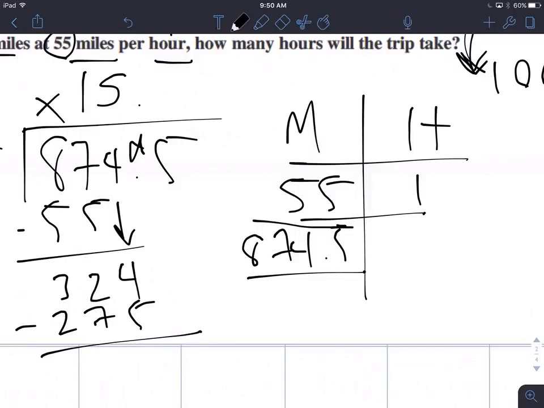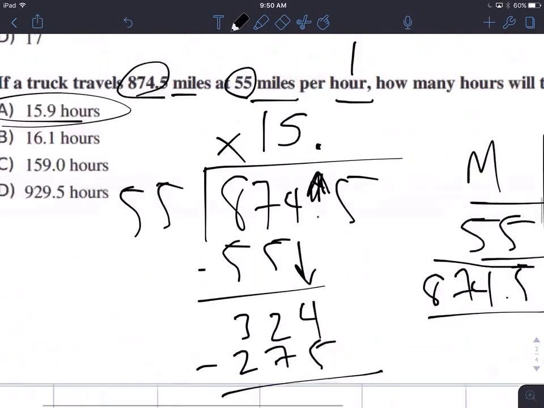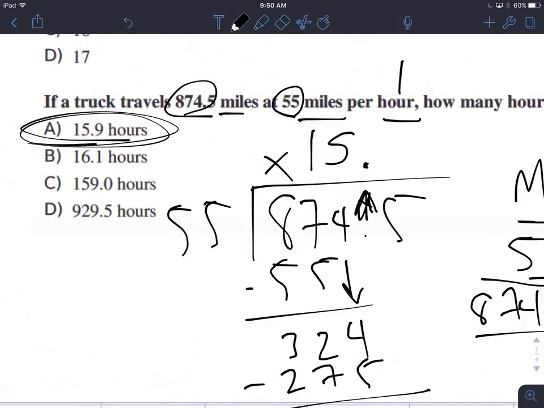You end up with 32, bring down the 4, and then 55 can go into 324 5 times. So already, because the decimal is just going to go straight up there after the 5, you already know which answer is correct. You already know that it's A, and you can be super lazy and not finish the division. Love that.